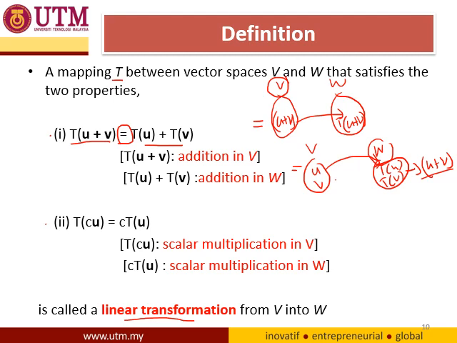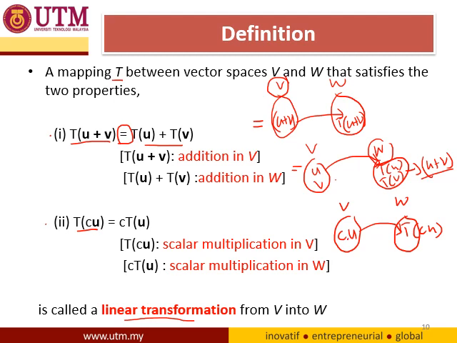Same here. If you see the second one, let's say you have again V and W, right? So you have two vectors here. So here cU, then you transform the cU. So you multiply first, then you transform it.